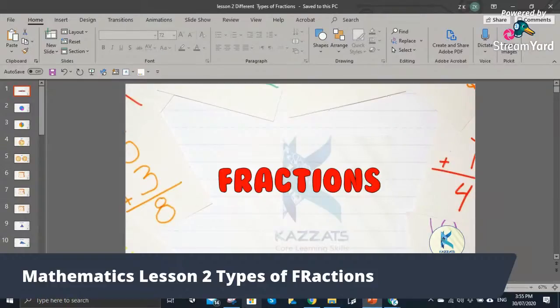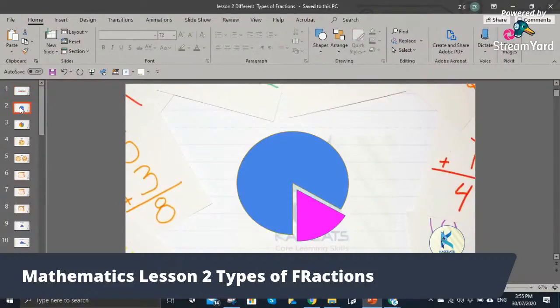Let's start. In our previous class, we talked about fractions, and we started from the very basics. A fraction is a part of a whole.